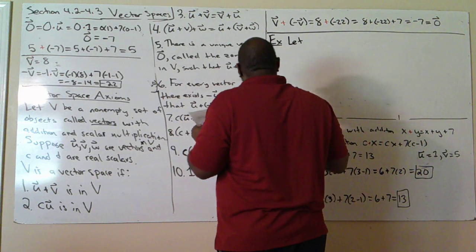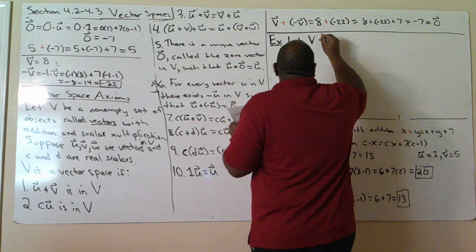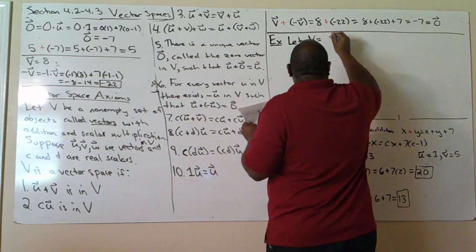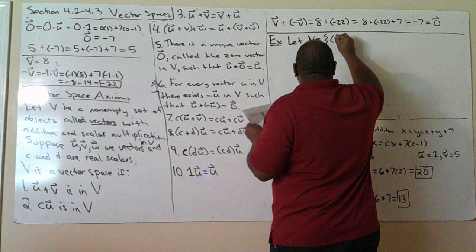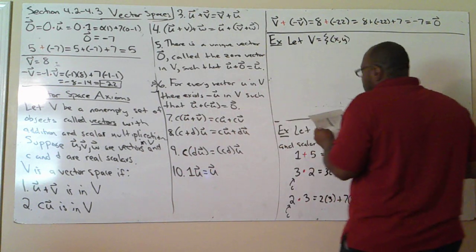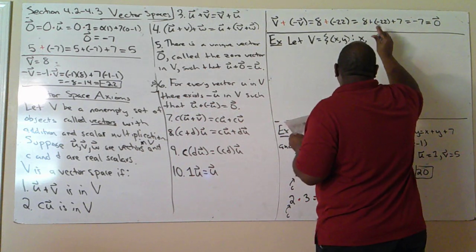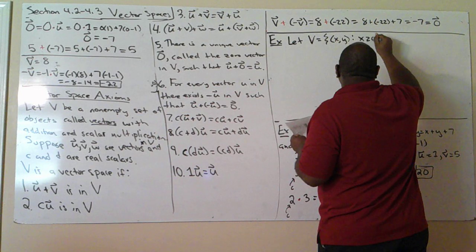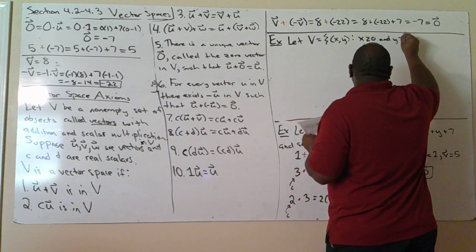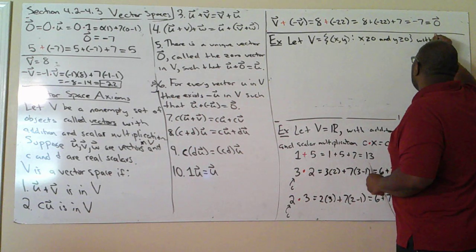So let V equal all points x, y, where x, y are real, such that x and y are both greater than or equal to 0, with standard addition and scalar multiplication.